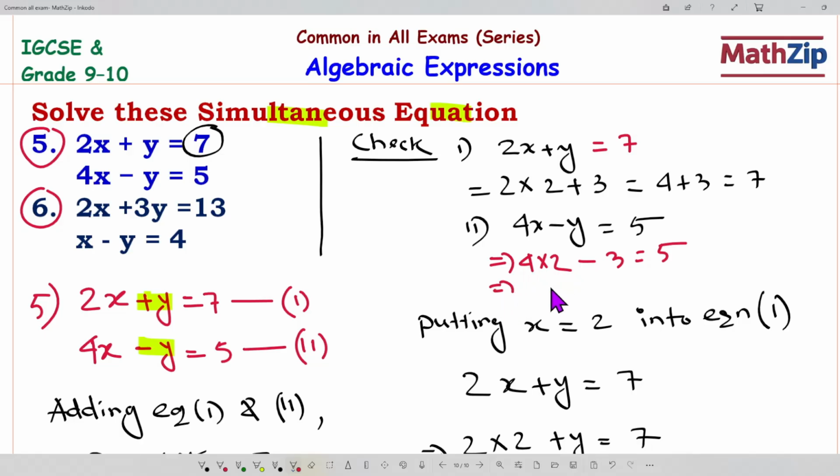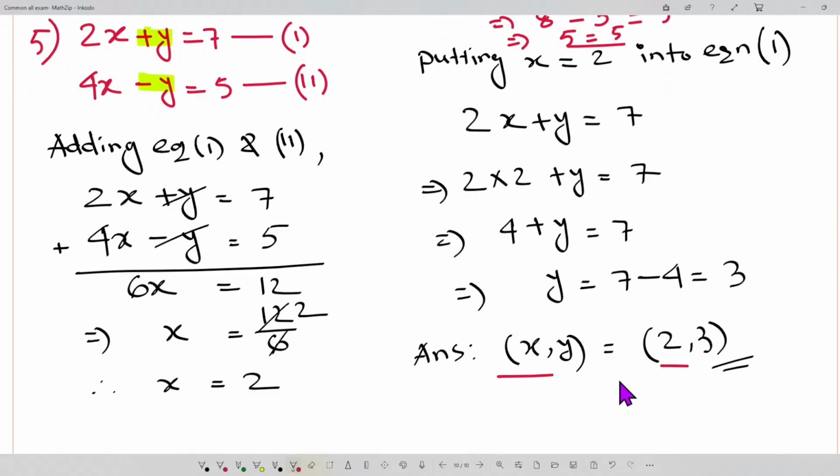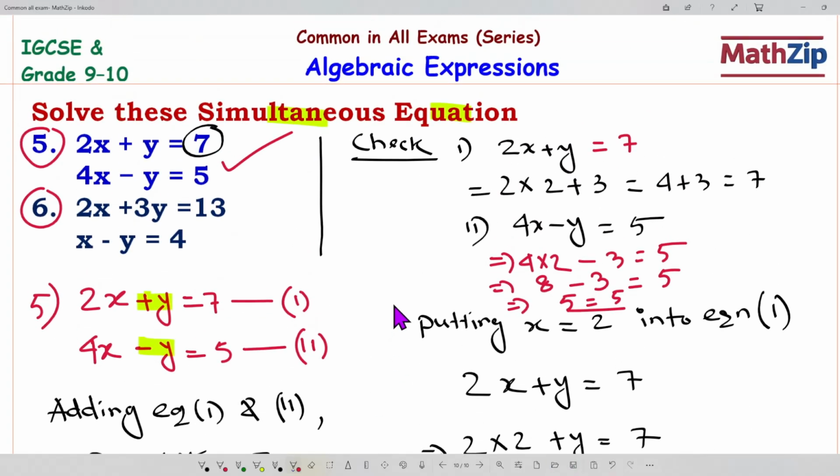Now look, 4 times 2 is 8, minus 3. 8 minus 3 is 5, equals 5. So our equation is done, because x equals 2, y equals 3 is perfect. So number 5 is done. Now we will start number 6.